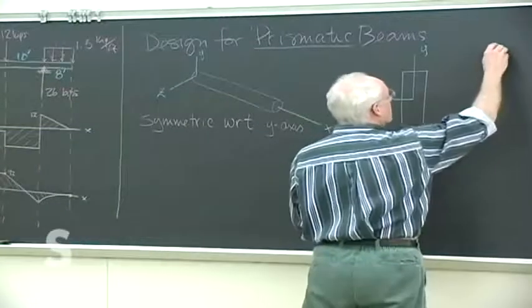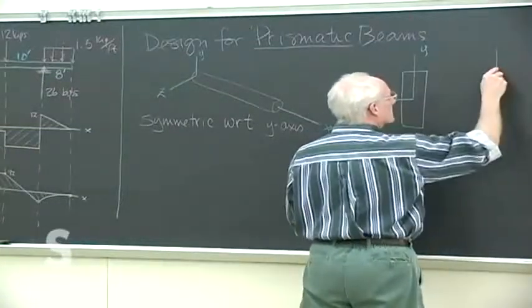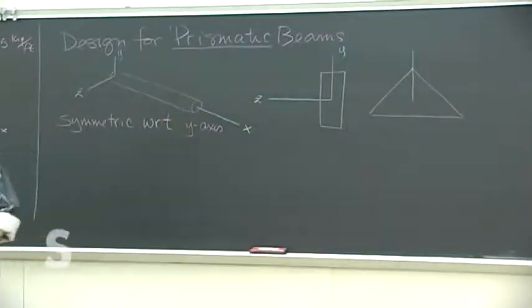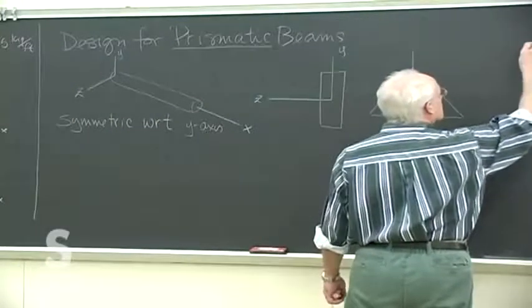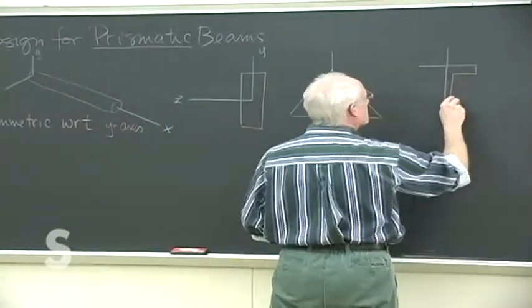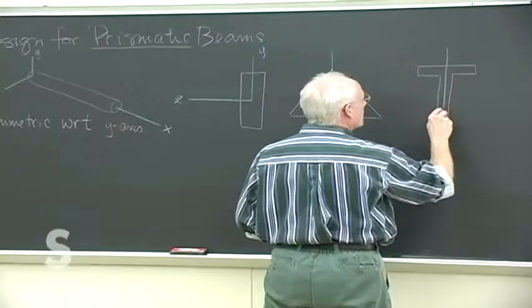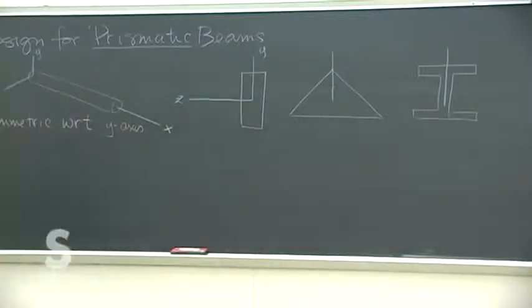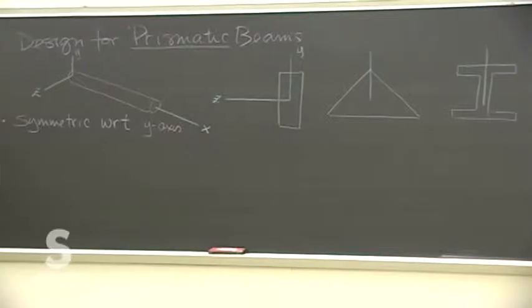We could look at triangular or circular beams. But as most of you know, the most common beams in construction are I-beams, and those are symmetric about the y-axis. So they satisfy our definition of prismatic beams. And we could look at any other shape thereof. So that's our first requirement for prismatic beams.